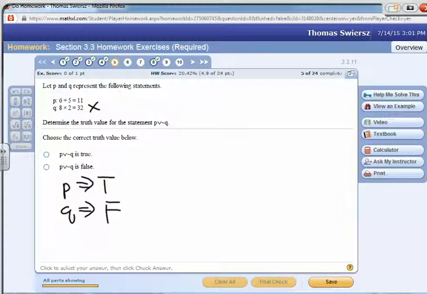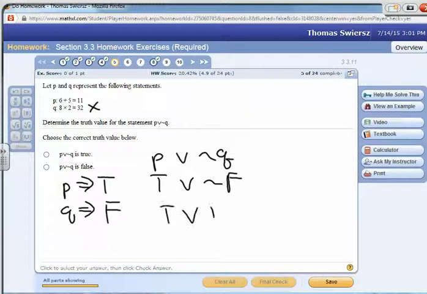So now we have P or not Q. P is true, or not Q. Q is a false statement, so the negation of false would be true. So true or true. For an or statement, if at least one of them or both of them are true, then the entire statement is true. So the statement P or not Q is definitely a true statement.